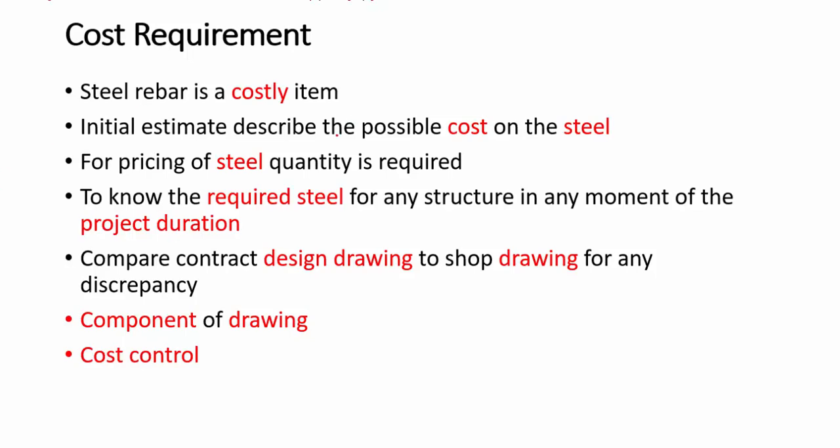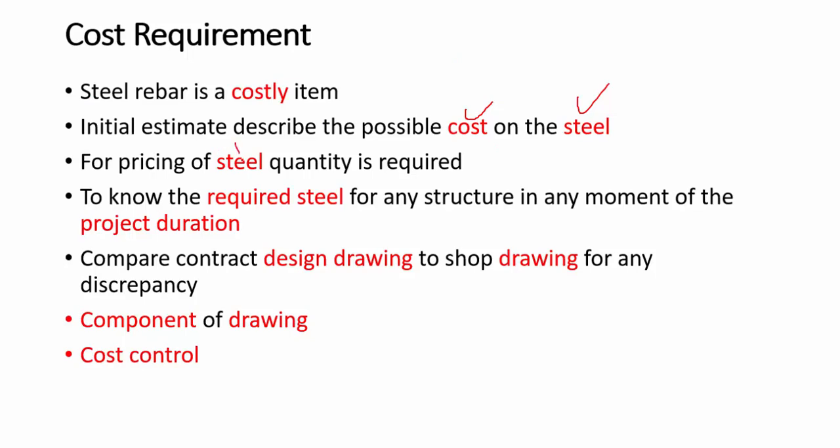The initial estimate describes the possible cost of the steel. So initially, before the construction is started, there is an estimate to get the detail of how much cost it will take in order to construct this building.